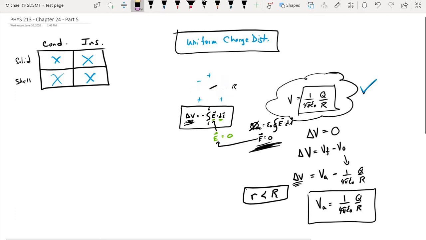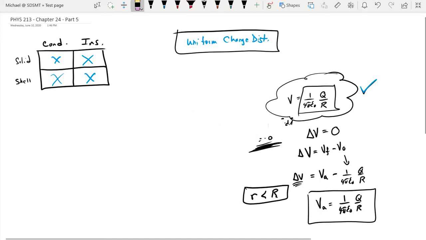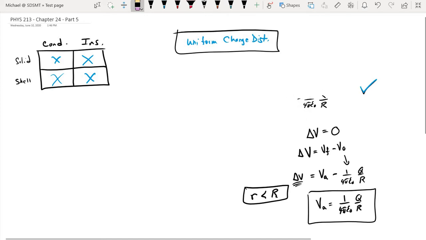For this, I'm going to make a larger sphere because we're going to have to take a closer look at what's happening inside of the sphere.